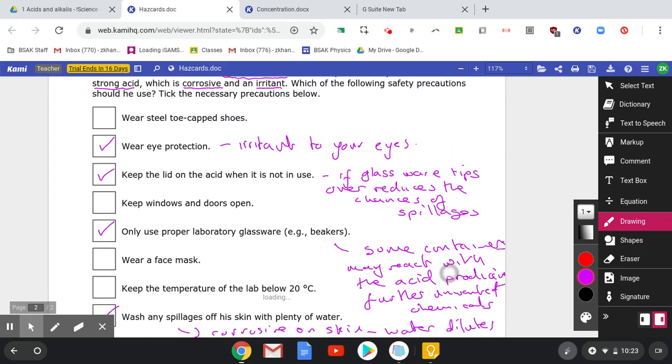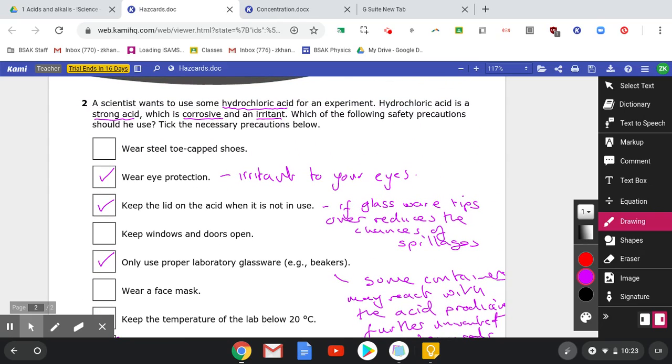The next part was identifying all the precautions you will take when working with hydrochloric acid. It's a strong acid, so what kind of precautions would you take? It says that the labels on the hydrochloric acid bottle would be the corrosive label and the irritant label.